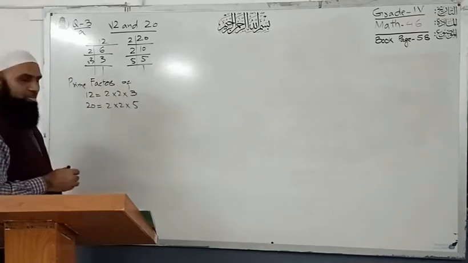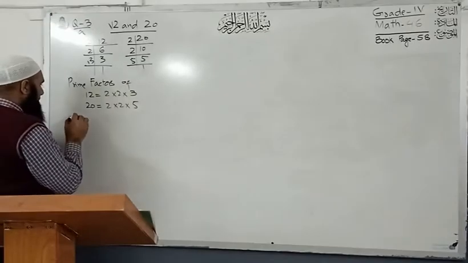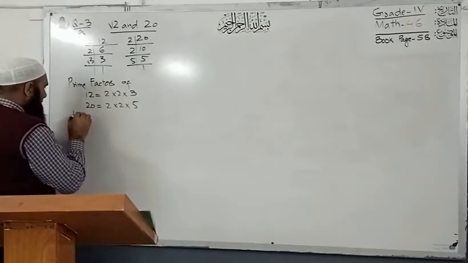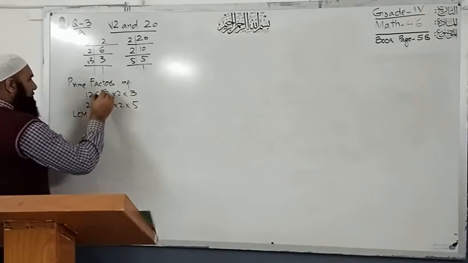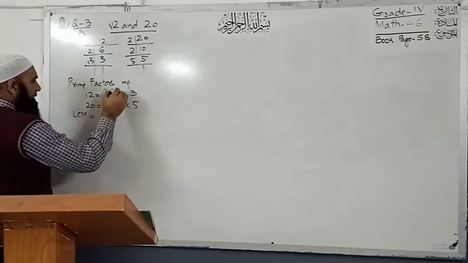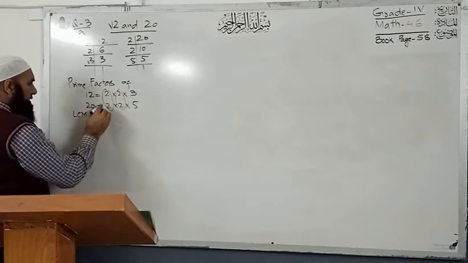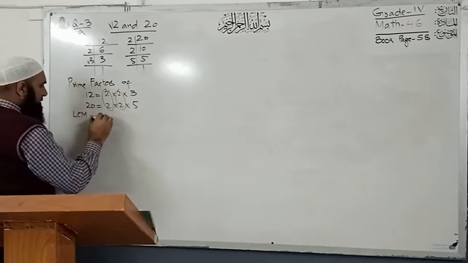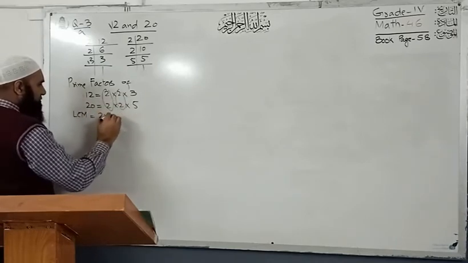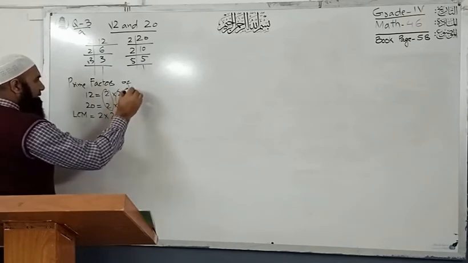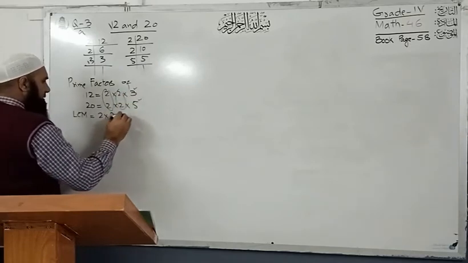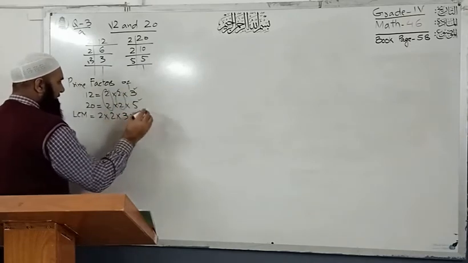Now as we got LCM yesterday, we have to make the pairs. And we take only one digit from each pair, 2 from this and 2 from this, and multiply all others, 3 multiply 5.